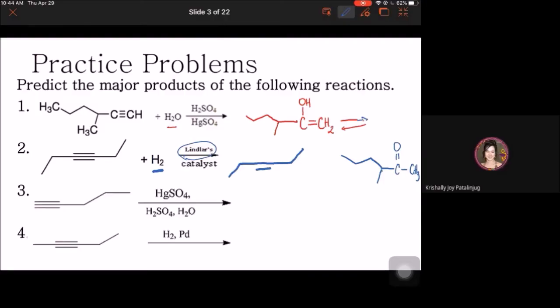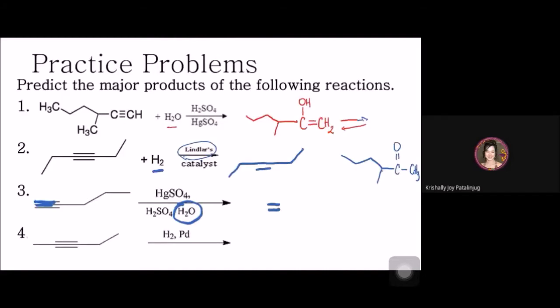Next, another hydration, no? Hydration reaction. For this example, you have this triple bond. So the first pi bond will break, giving this enol product.